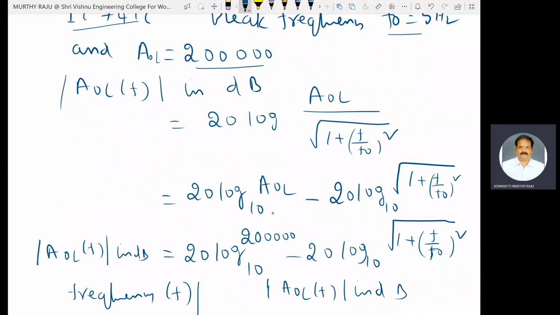That is 20 log AOL base 10 minus 20 log square root of 1 plus f by f naught whole square. Log A by B base 10 is equal to log A base 10 minus log B base 10.